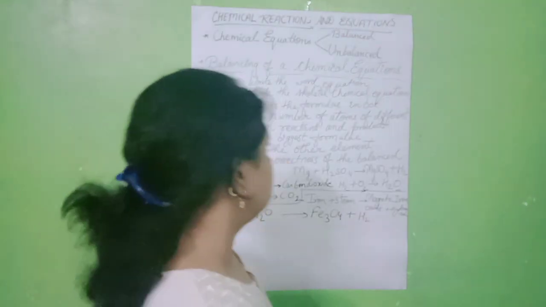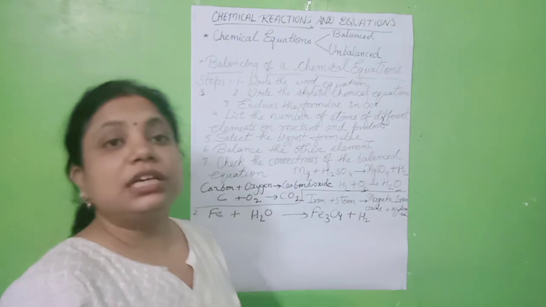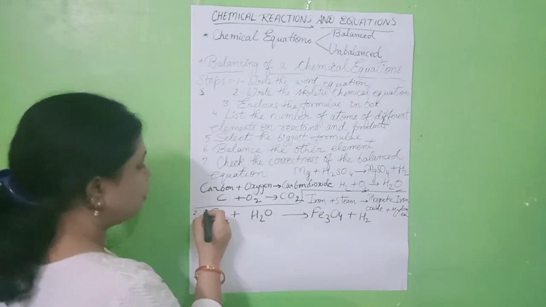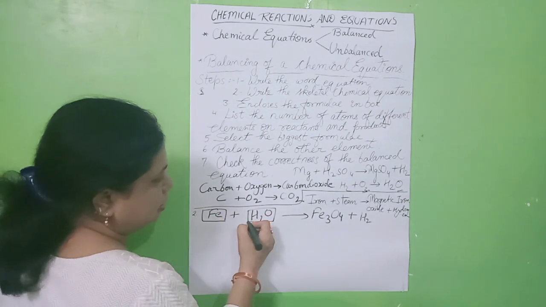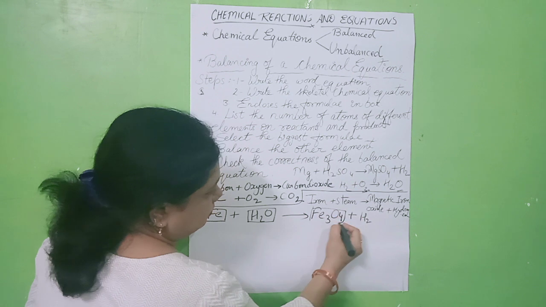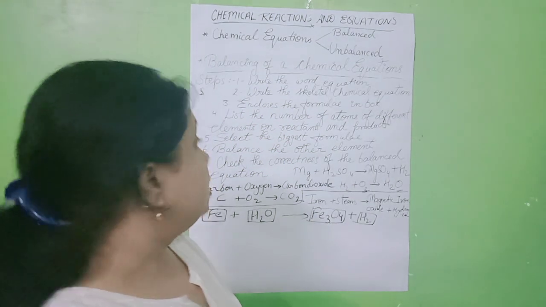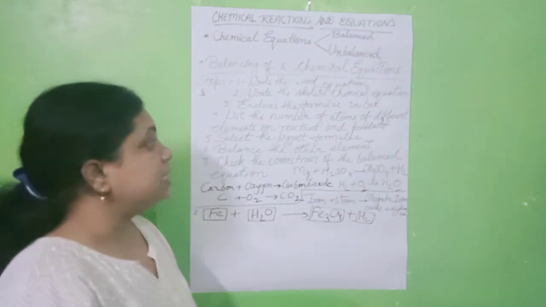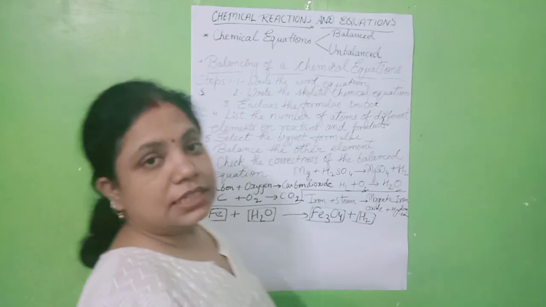Got it, students? Now the third step is to enclose the formula in a box. So you have to make the box here. Is it clear, students? Now next one, list the number of atoms of different elements on reactants and products.